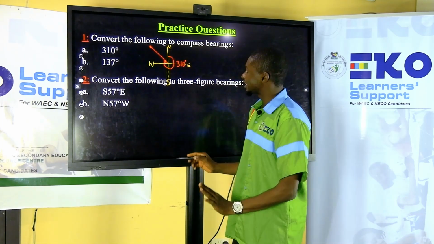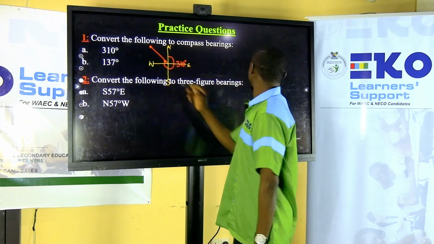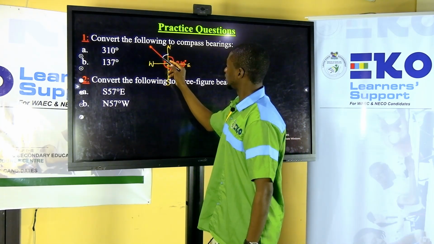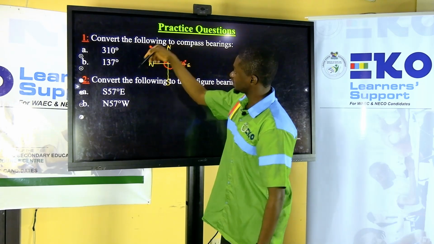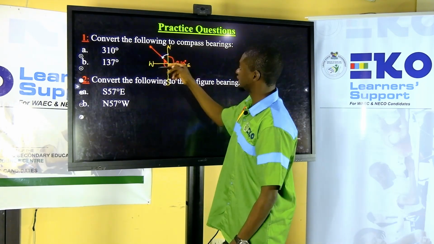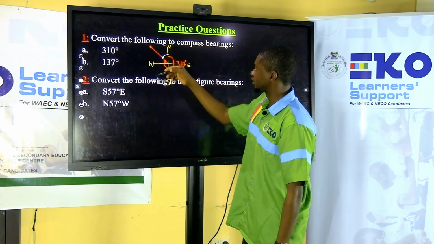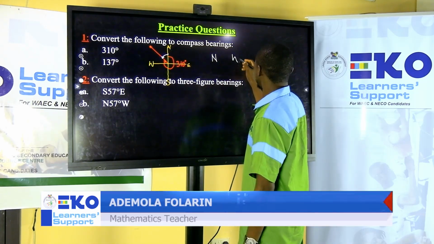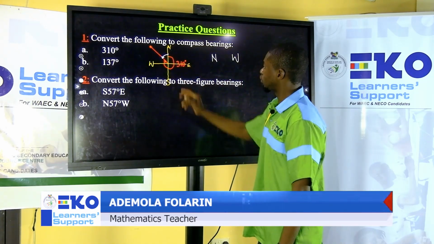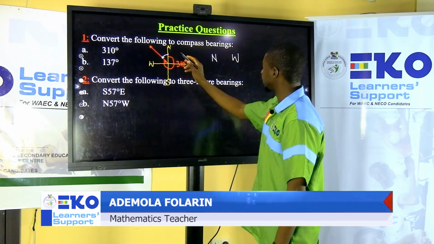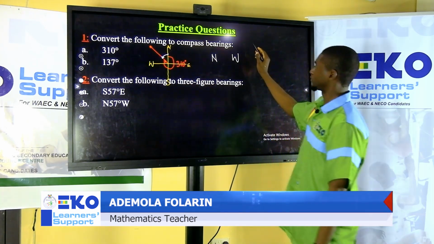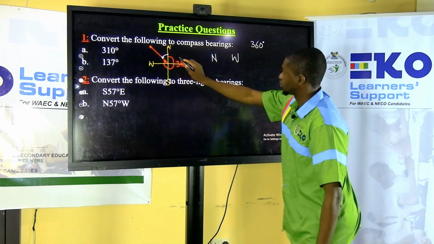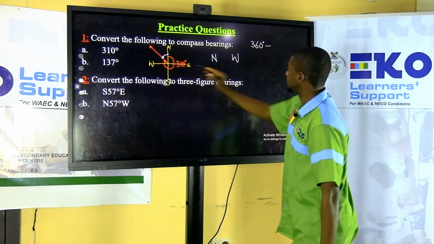What angle completes this? Remember, it falls into the northwest. So to get it, keep your northwest. Now, what is the value of this angle? We get the value of that angle by saying 360, because that's the complete turn, minus 310.